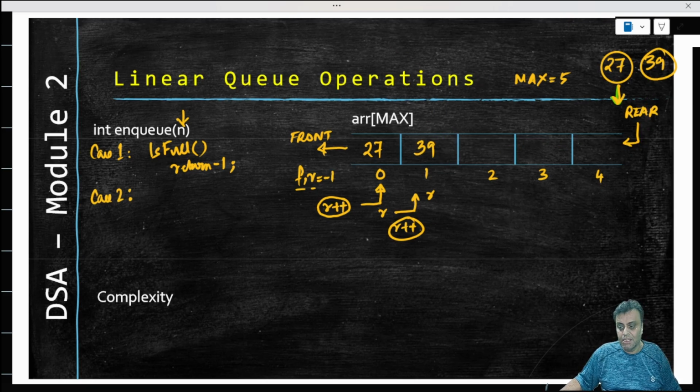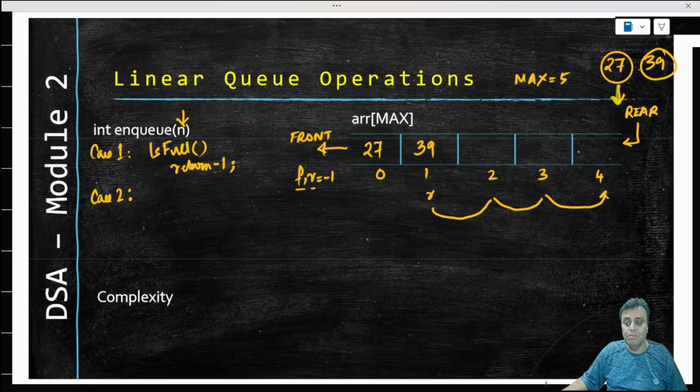So 39 can easily come here. So can you see what is happening? Rear is moving, and the last position of rear is here. In this way, rear will move here to here to here and become full. That is, the queue will become full as and when we push more elements.